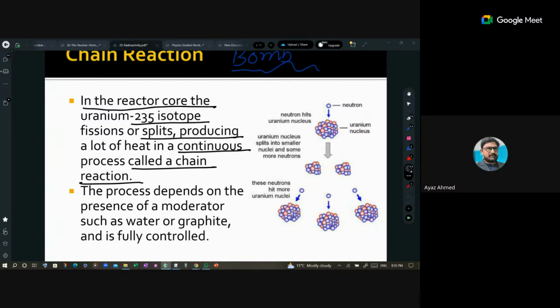Here is that chain reaction. A slow neutron is bombarded on the uranium, and that uranium splits into two fission products and three neutrons. This is very important. Now these three neutrons hit three other uraniums. Each of them is converted into two byproducts and three neutrons.